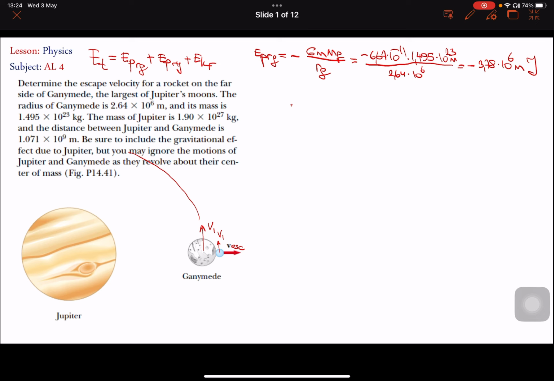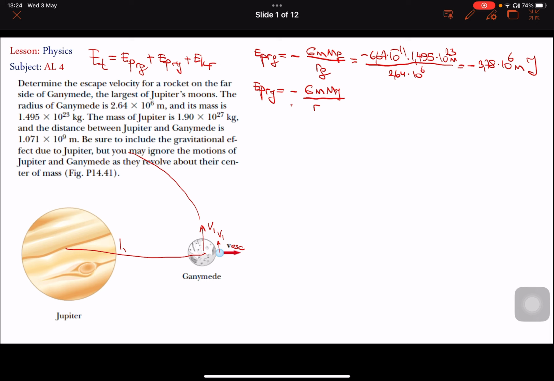The next one is the potential energy between the rocket and Jupiter. I have to use the same formula, minus G times the mass of the rocket, but now with the mass of Jupiter and the distance from Ganymede to Jupiter. Indeed, I have to calculate this distance here. It's already given as 1.071 times 10 to the power of 9.